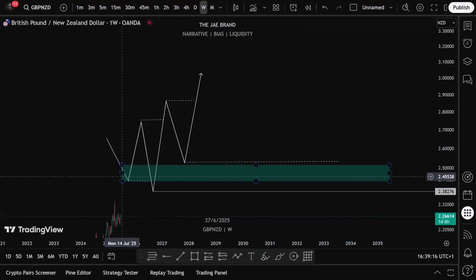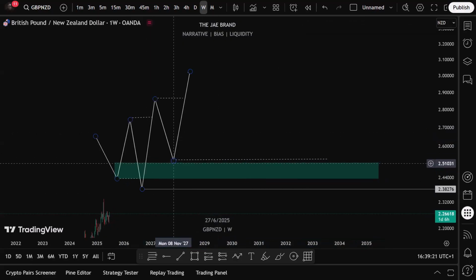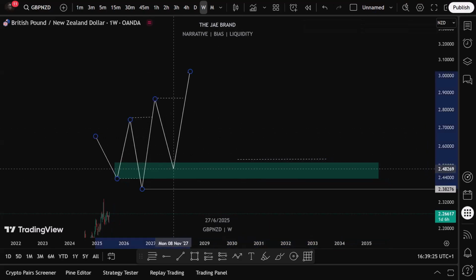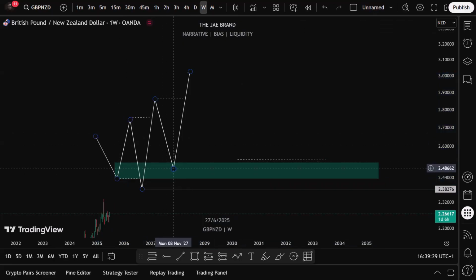Now in a case where the structural liquidity has probably mitigated our QMR, something like this. Now the mitigation of this QMR by our structural liquidity has rendered the QMR invalid.